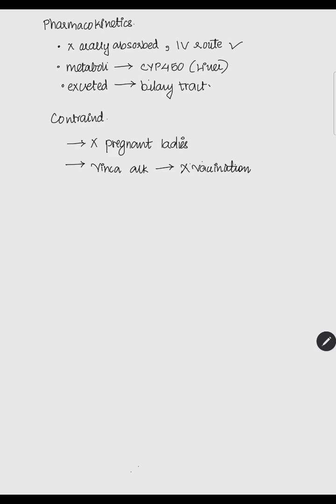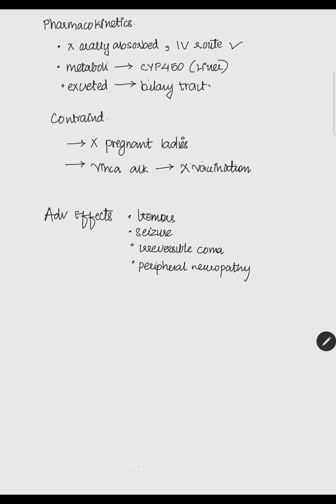Now, what are the adverse effects of Vinca alkaloids? Generally the person may face neurological effects such as tremors, seizures, irreversible coma, peripheral neuropathy and similar conditions.